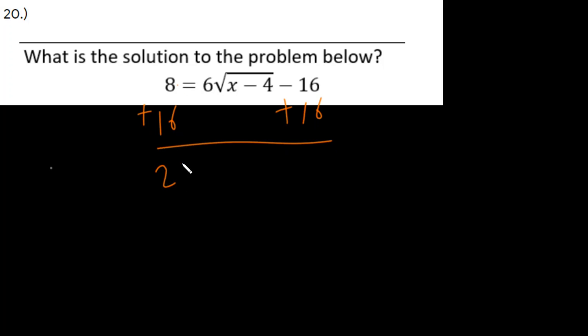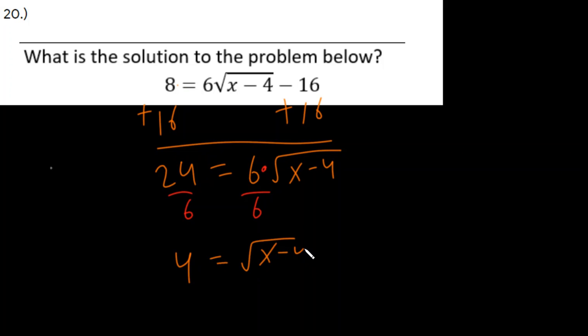8 plus 16 is 24, is equal to 6 square roots of x minus 4. Now, guys, remember, anytime two things are side by side, they're being multiplied, and so we'll divide both sides by 6, and 24 divided by 6 will be 4, is equal to the square root of x minus 4.